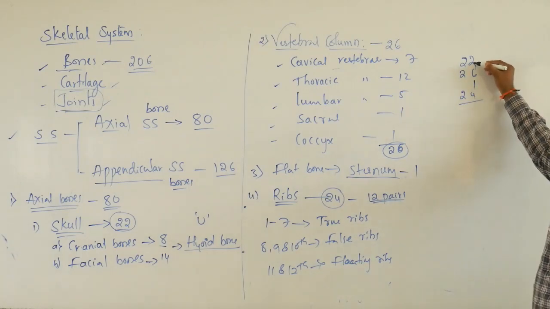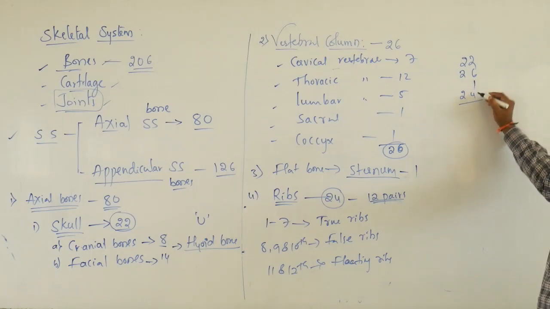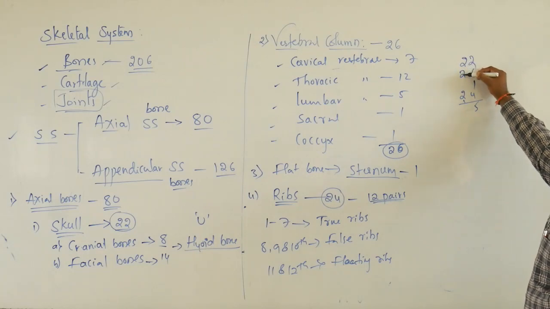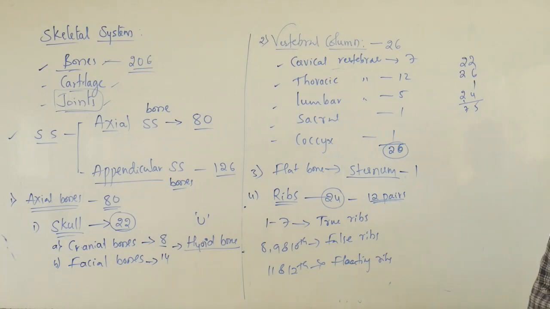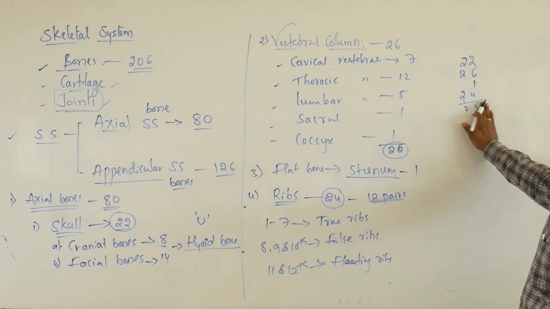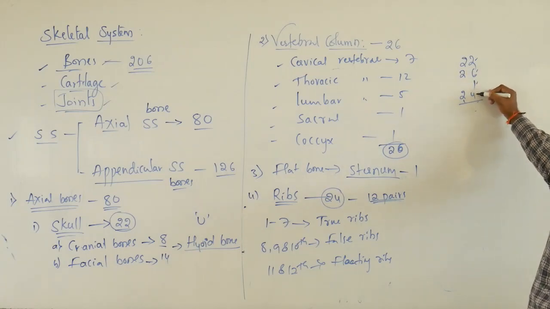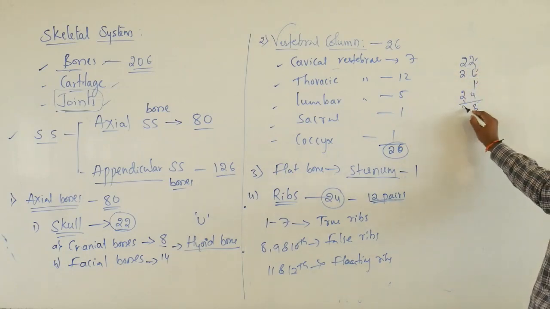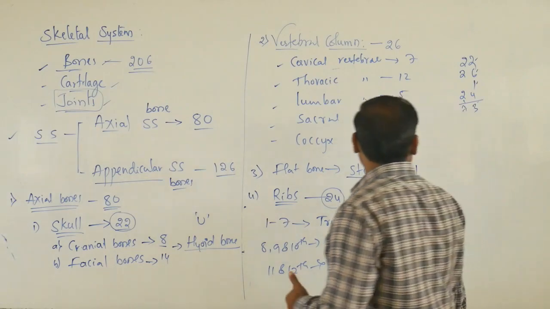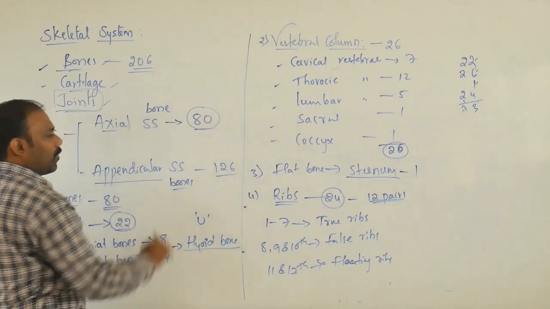Totalling, there are 73 bones so far, and altogether there are 80 bones in the axial skeleton.